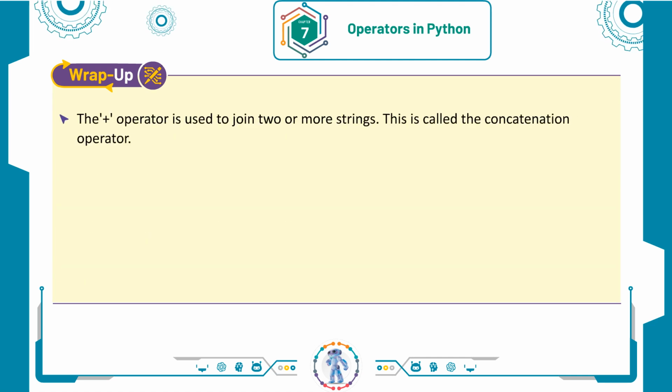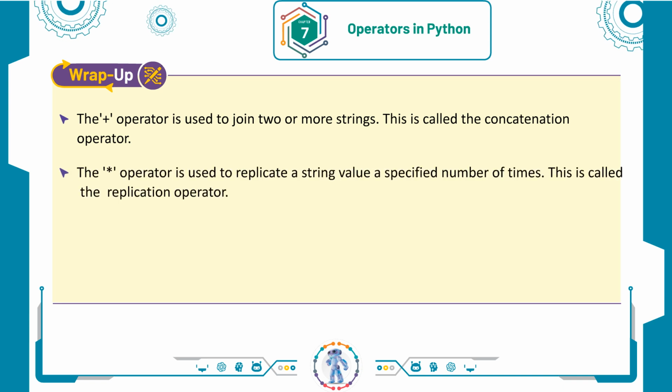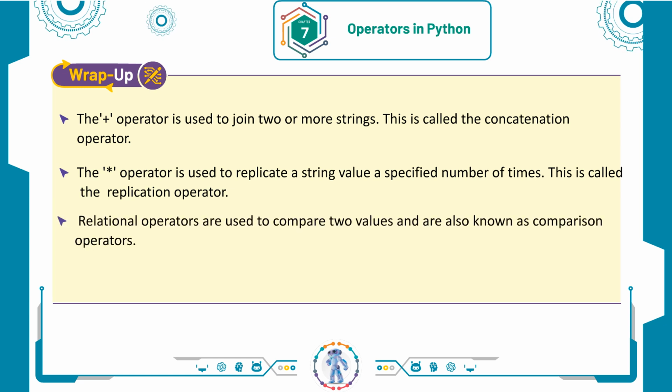The plus operator is used to join two or more strings. This is called the concatenation operator. The asterisk operator is used to replicate a string value a specified number of times. This is called the replication operator. Relational operators are used to compare two values and are also known as comparison operators.